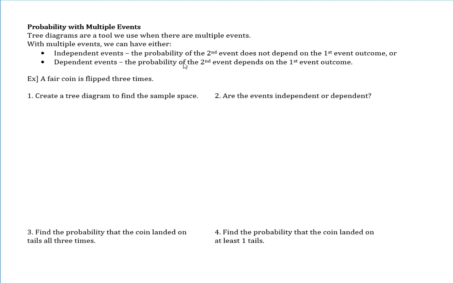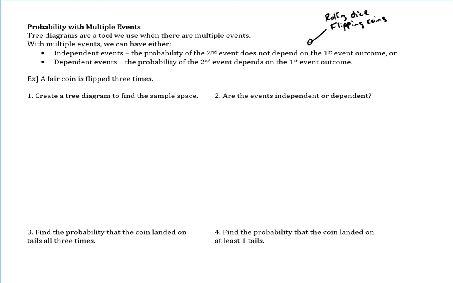Also, with multiple events, we need to make sure we know the difference between independent events and dependent events. An independent event is where the probability of the second event does not depend on the first event's outcome. Independent events are like rolling dice or flipping coins.